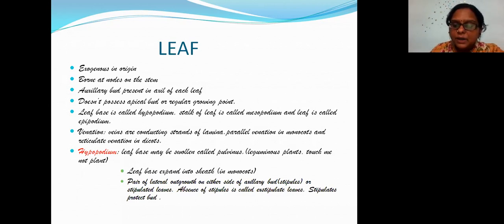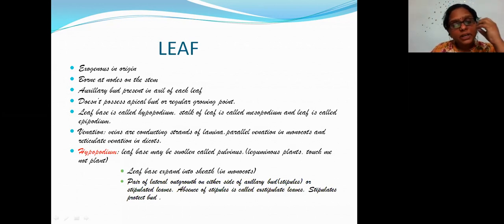So which bud am I talking about here? I'm not talking about the bud which will give rise to a flower. I'm talking about the axillary bud. This bud will give rise to a leaf, right? So before this bud opens into a leaf, it needs to be protected. Who will do the protection work? The stipulated leaves.